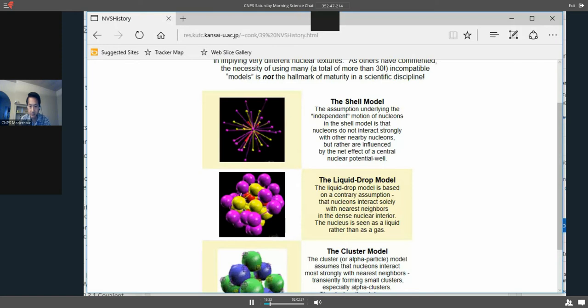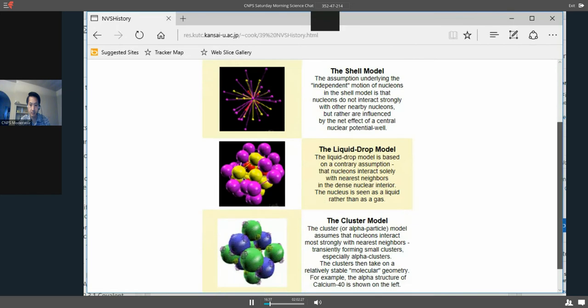But the outer atomic electron models now, which is your Bohr model, your Schrodinger model, and your Dirac model, are supposedly being falsified because they cannot predict half of the atomic states of atoms.